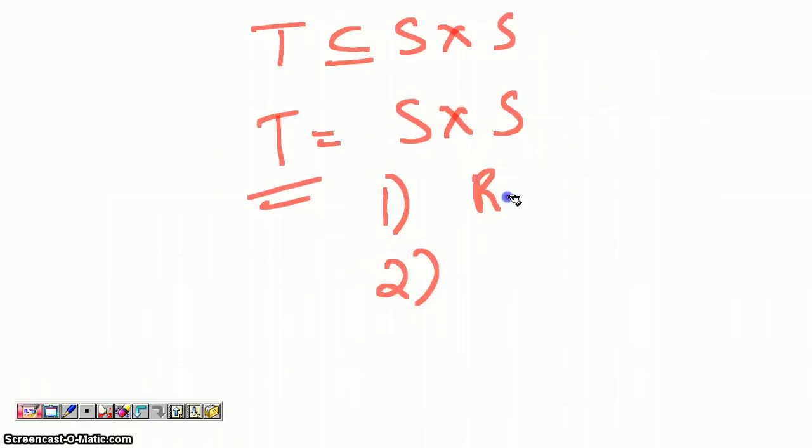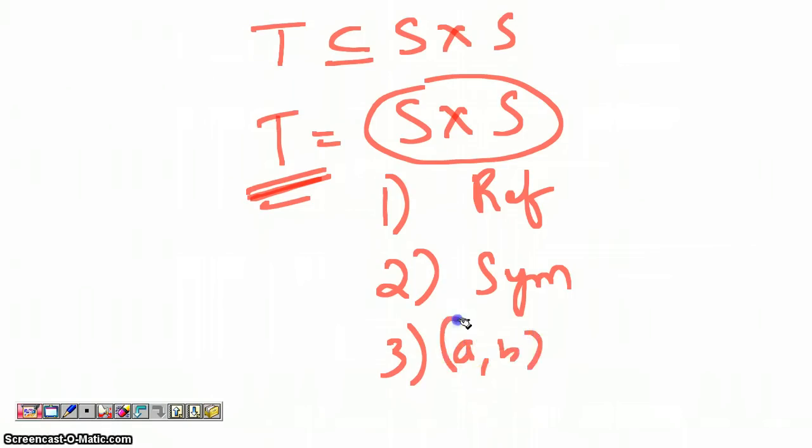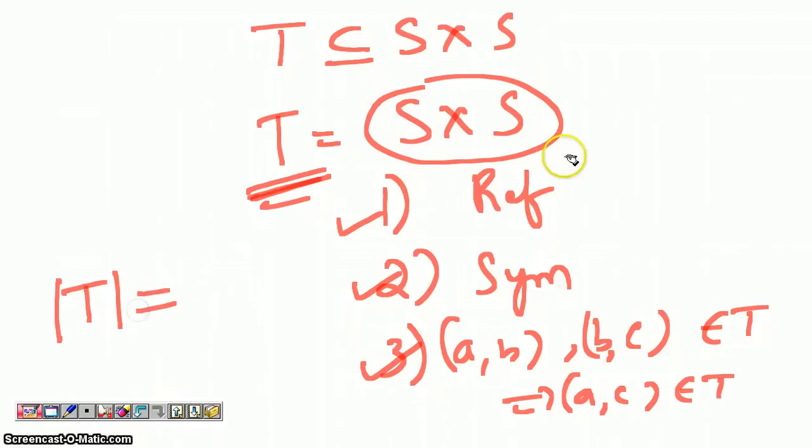It is definitely symmetric because whenever A comma B belongs to T, B comma A also belongs to T. Trivially, you have all the elements of S cross S. Third thing is, whenever A comma B belongs to T and B comma C belongs to T, then AC belongs to T. Every single element belongs to T, so there's no point in even worrying about whether these points are true or not. Obviously all these points are true.